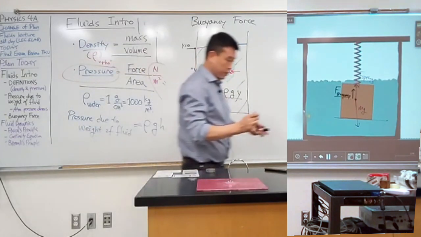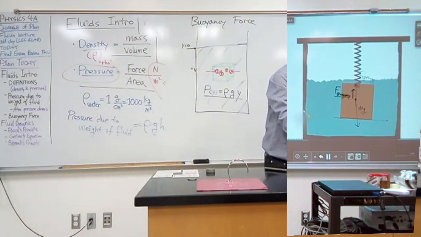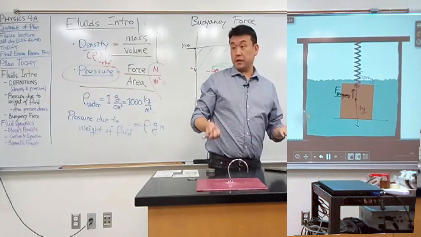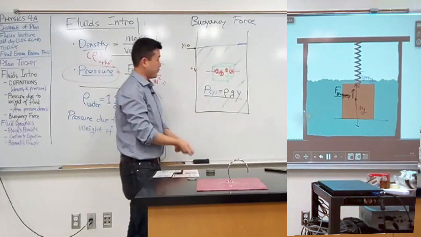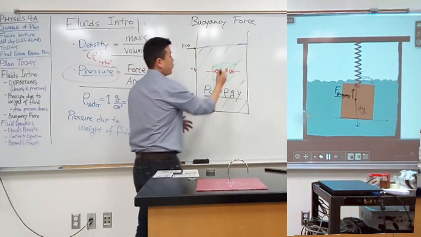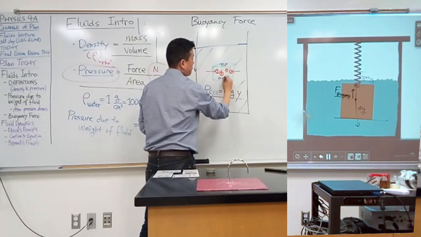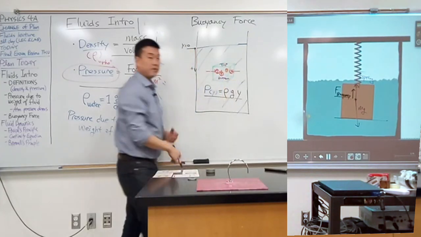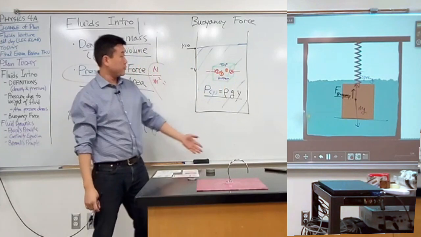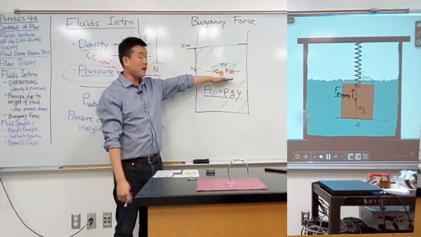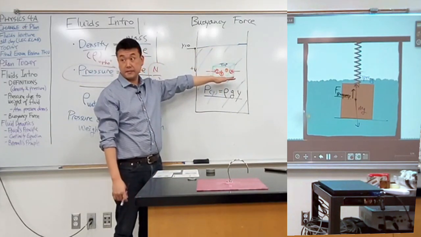So there's really only two forces that have a possibility of not balancing out. It's the force on top and the force on bottom. And the reason for that is it comes down to the top and bottom being at two different heights.